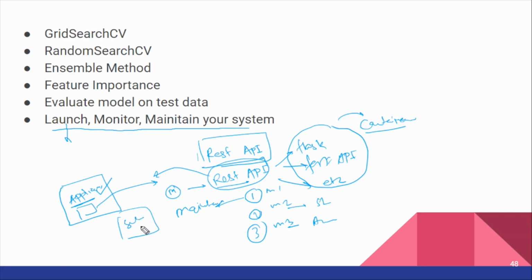For that you can use model 3. You can just deploy this model 3 which is already ready. You already have the REST API, you can map your REST API to this, and it is very easy. So maintenance of the system is very easy in such an environment.